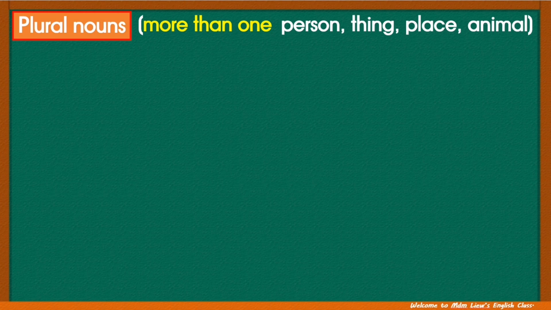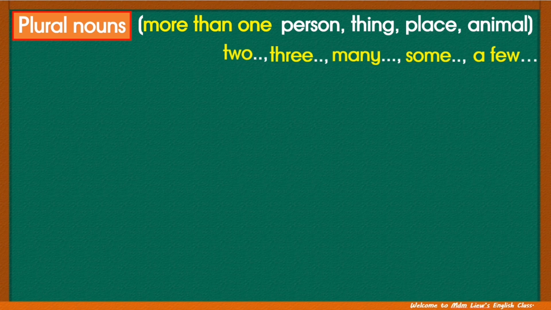We can put a number such as 2 or 3 or a quantifier such as many, some, or a few in front of a plural noun. And we use the phrase there are at the beginning of the sentence with the plural nouns.